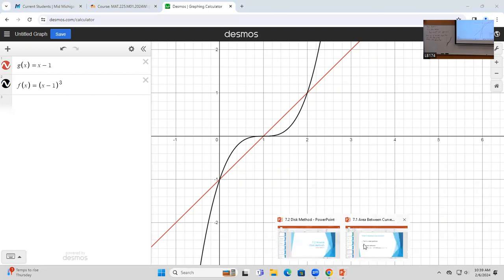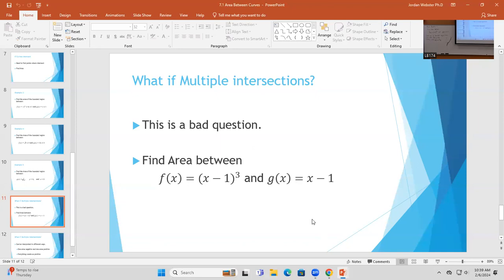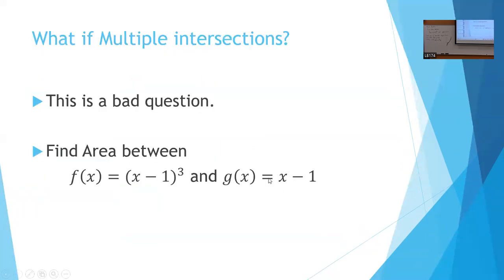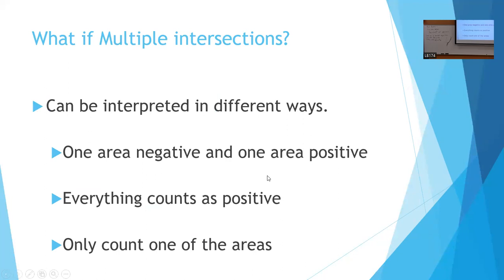So that's why that question is a bad question, because it could be interpreted in different ways. It could count one area as a positive and one area as a negative. It could count both the bounded regions as both being positive areas. Or you may be only looking for one of those specific regions.